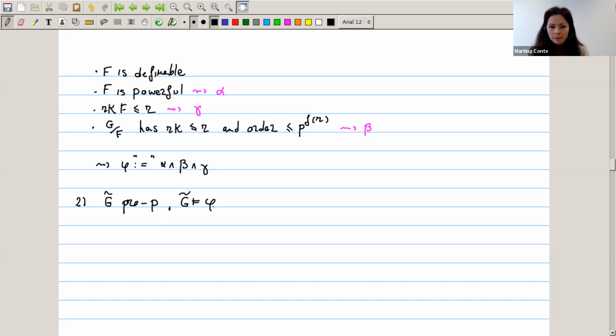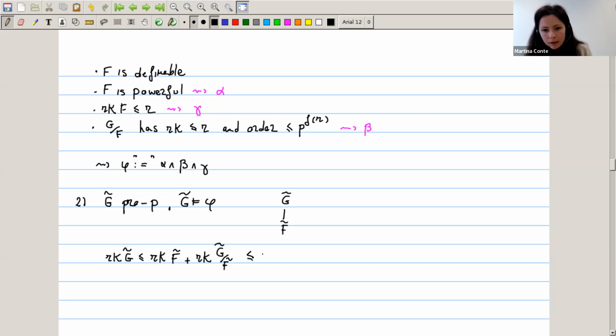So if G tilde satisfies phi, we now by the sentence can find a powerful subgroup F tilde with rank bounded by R. And so the rank of G tilde, by a general result on the rank, is bounded by the rank of F tilde plus the rank of the quotient G tilde over F tilde.